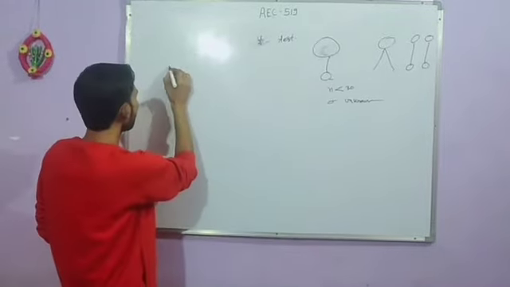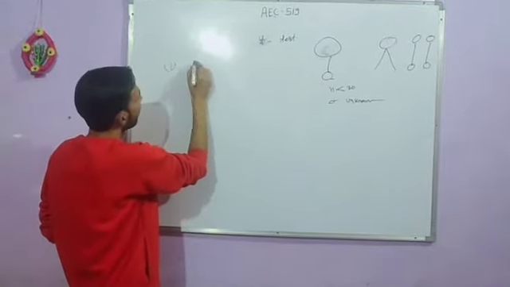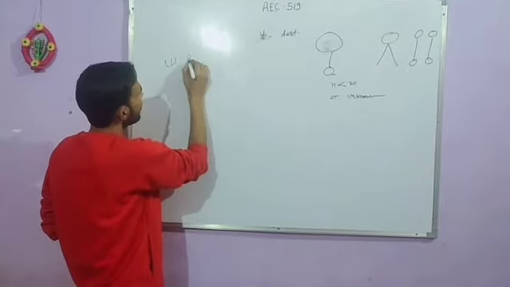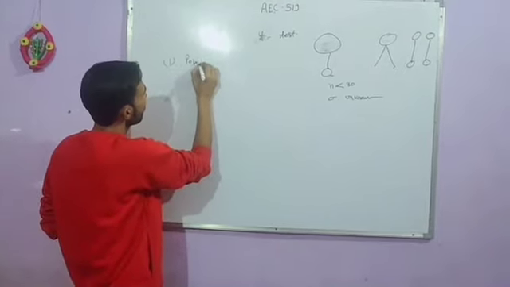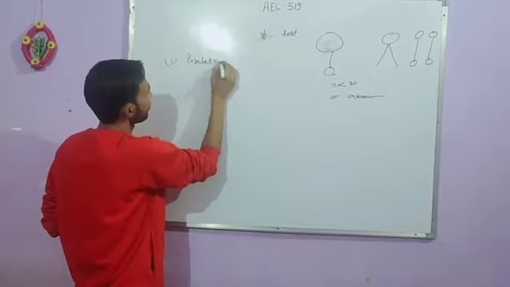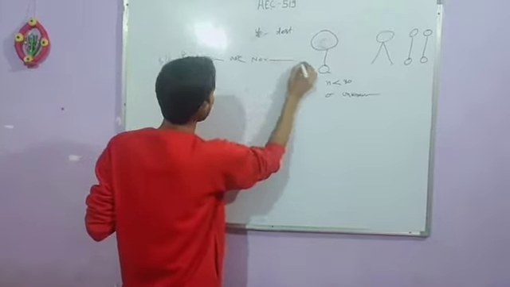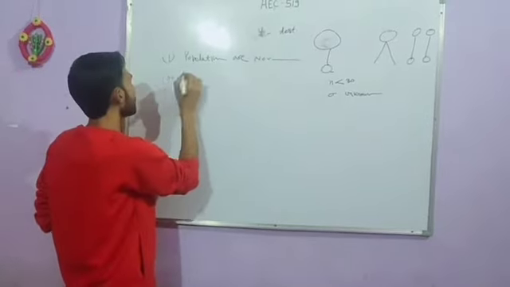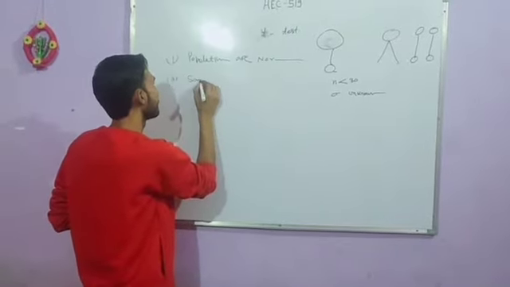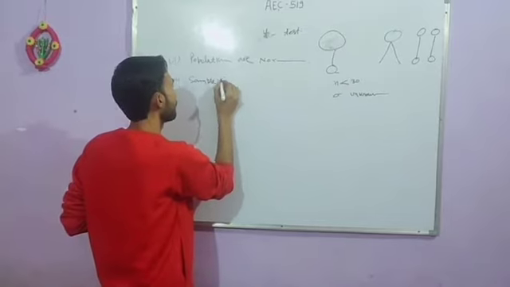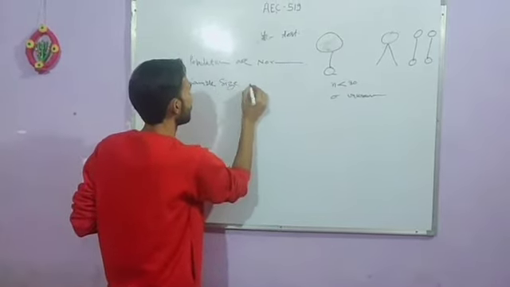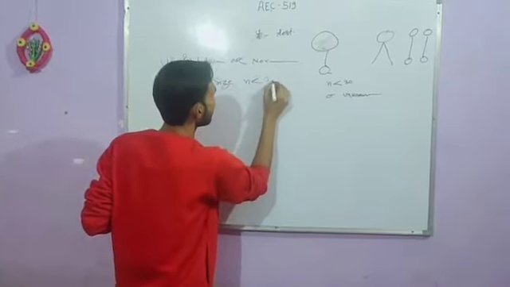The first assumption of the t-test is that the population is normally distributed. The second assumption is that the sample size n is less than 30.